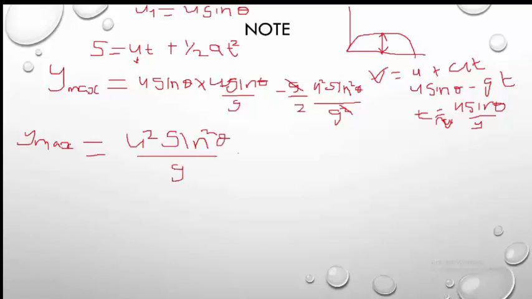over g minus 1 over 2 u square sine square theta over g. We can find the LCM to be 2g.